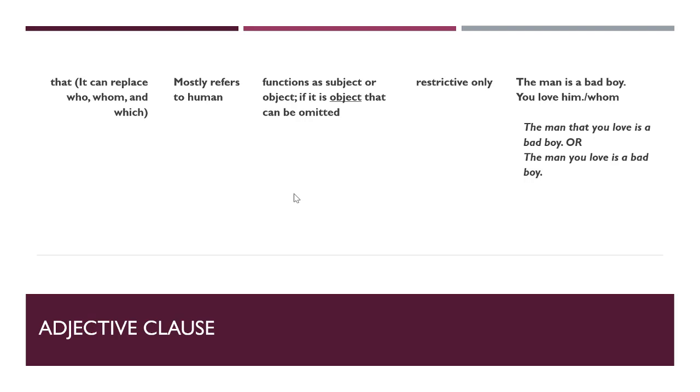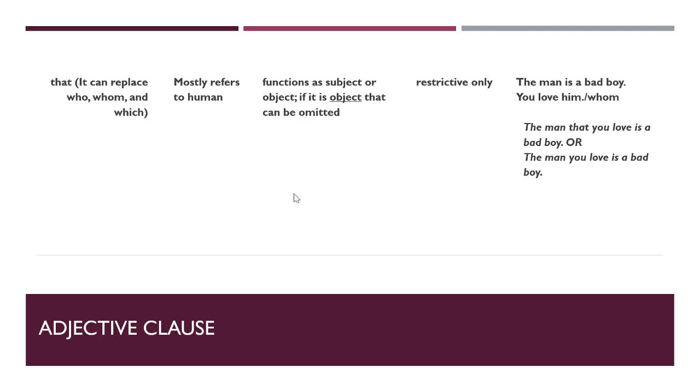That you love is an adjective clause describing the man. And in this case, that functions only as restrictive. The man you love is a bad boy. Whom that is replaced by that in this case functions only as a relative pronoun, so it can be dropped. The man you love is a bad boy.